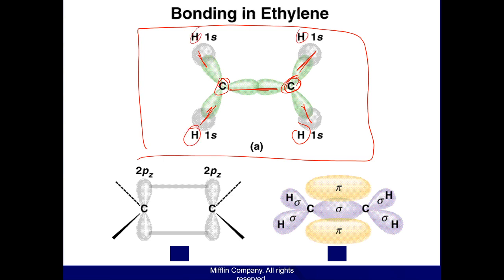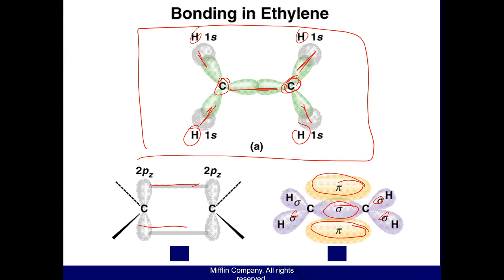Then when you bring these into proximity, this is what you get. So the pi bonds will be like this, and the sigma in the center. So this illustrates to you how the double bonds are basically formed.